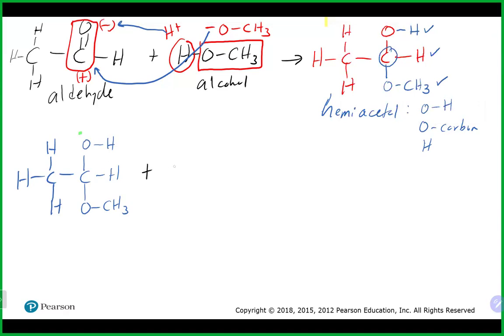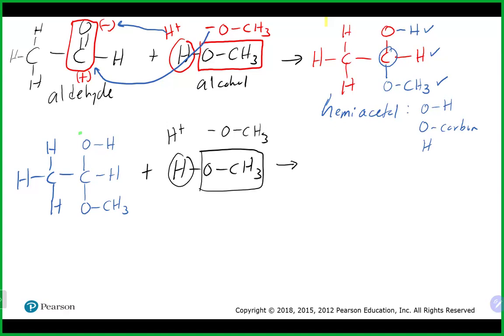So if we threw a second alcohol onto it, it is going to do a similar type of thing. It's still going to be added in two parts. This is still our hydrogen, and this is our negative oxygen.